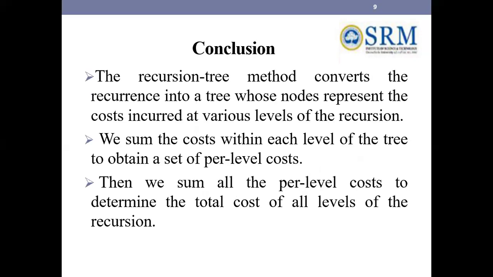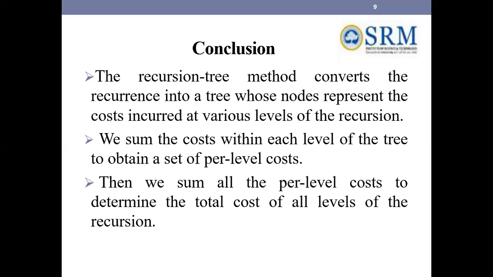So the conclusion is that the recursion tree method converts the recurrence relation into a tree whose nodes represent the cost at each level. If we find the cost at each level, we can multiply the cost with the height of the recursion tree. We know the height is log n plus 1.